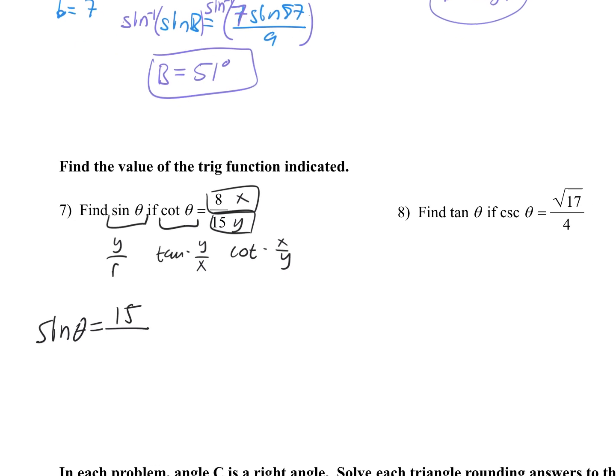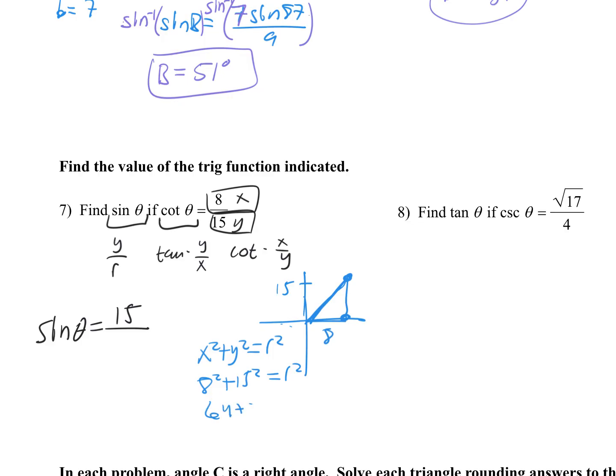But to find r, we can put this in a coordinate plane. I know that x is positive, and y is also positive. So it's going to get you a point right here. You can draw a right triangle out of it, and then to figure out what this r value is going to be, we can use Pythagorean theorem. x squared plus y squared equals r squared, which is going to get us 8 squared plus 15 squared is r squared, which is 64 plus 225, which is 289.